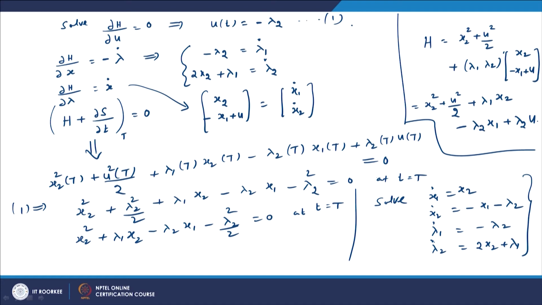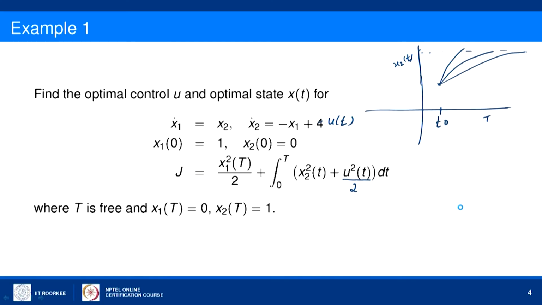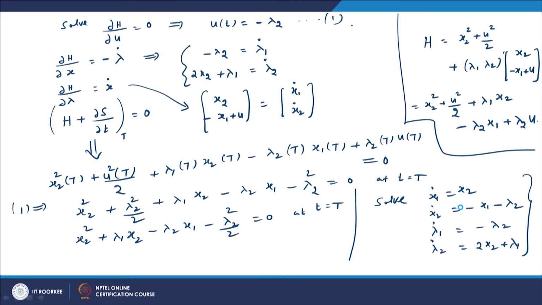So, we can solve it like the usual dynamical system problem. It is like x dot is equal to capital A into x, where A is a matrix whose coefficients are given in the right hand side, and we can find the solution with these conditions. So, we have the initial condition already given here: x1 0 equal to 1, x2 0 equal to 0.